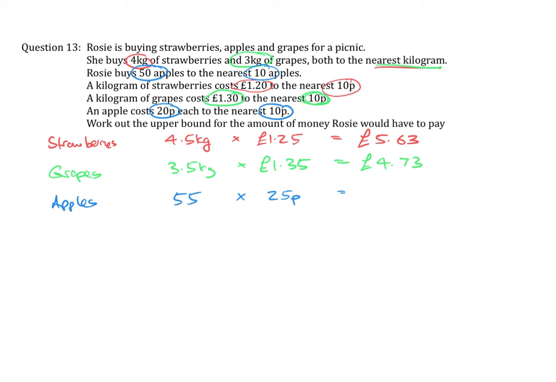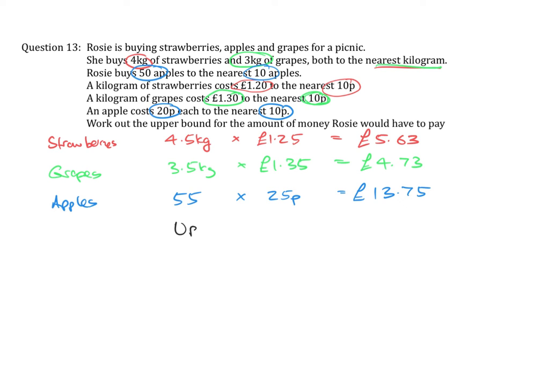Half of 10 pence is 5, you add that on to the 20. So 55 times 25, bearing in mind that's pennies, not pounds. So on the calculator, 55 times 0.25, she will spend a maximum of £13.75.